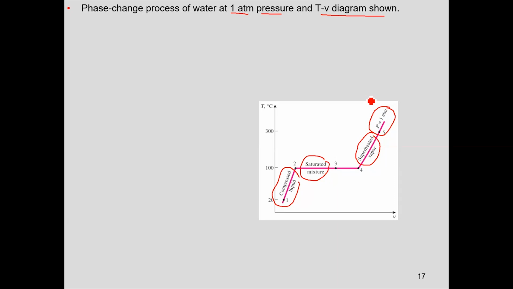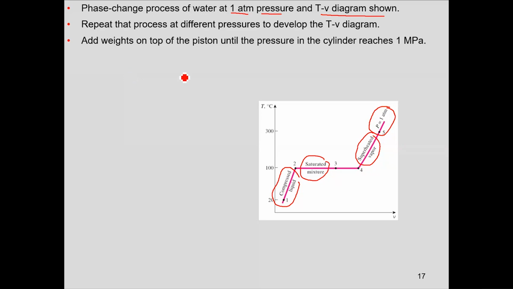We'll try to assess what would happen if we repeat the process at a different pressure. That would help us develop the complete TV diagram. Let's say we add weights on top of the piston until the pressure in the cylinder reaches 1 megapascal. So we'll develop the same diagram at 1 megapascal.